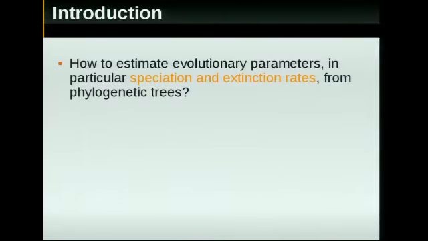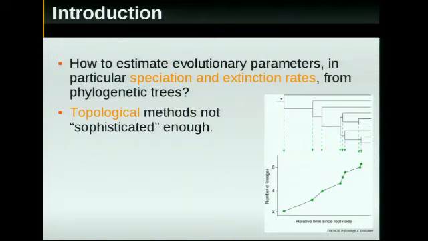So what's the motivation? Of course, we want to know something about these speciation and extinction rates. We have maybe a phylogenetic tree, and we want to know what is the process that created that tree. There have been some methods in the past that try to do this. One way is you can just look at the topology of the tree, and over time you just count how many lineages are existing at that time.